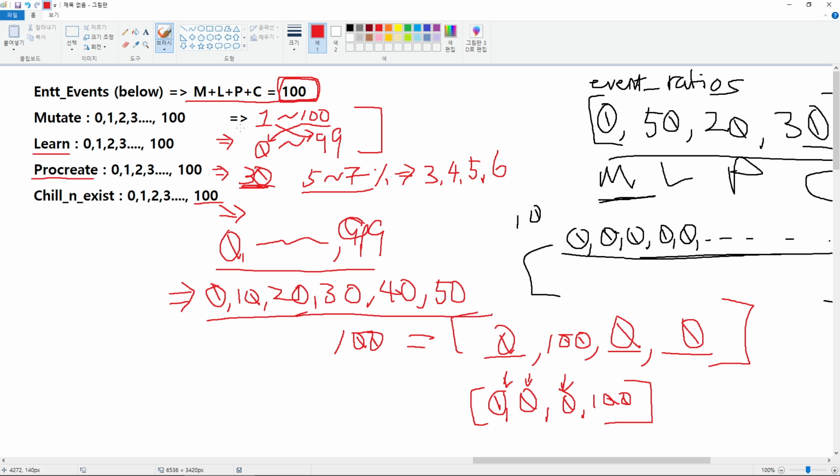So here we have 100 numbers. For the learn, again 100. For procreate, it's 4. And for chill, it's 6. So it's 24, and then 4 zeros trailing off that.